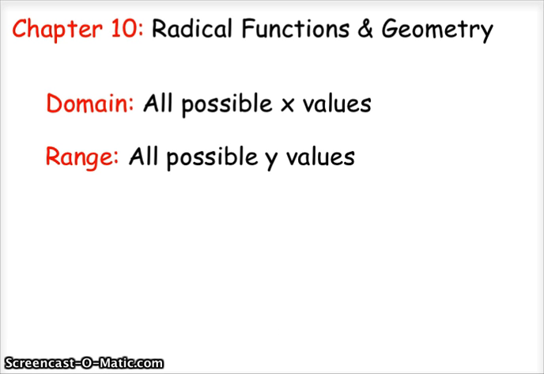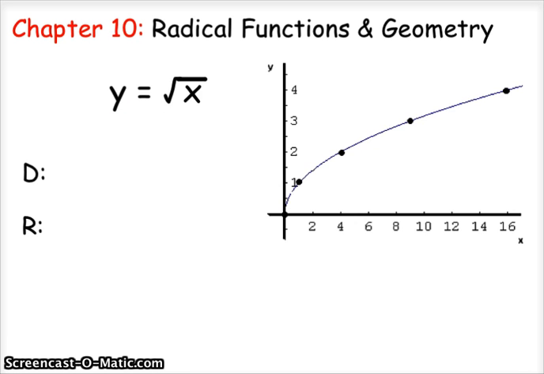As a reminder, the domain is all the possible x values that will work for our function, and the range is all the possible y values. So going back to our graph, here I've just made it a little clearer and a little more neat. Domain. Domain's all my possible x values. Easy way to look at this is what can I not use for x?